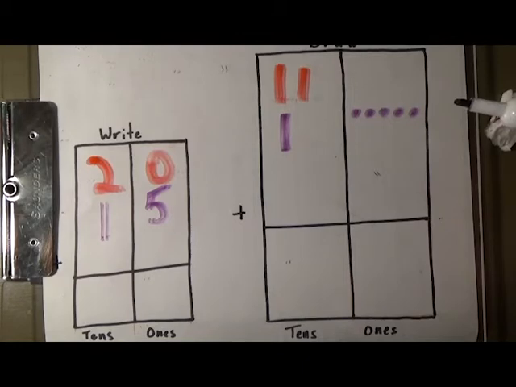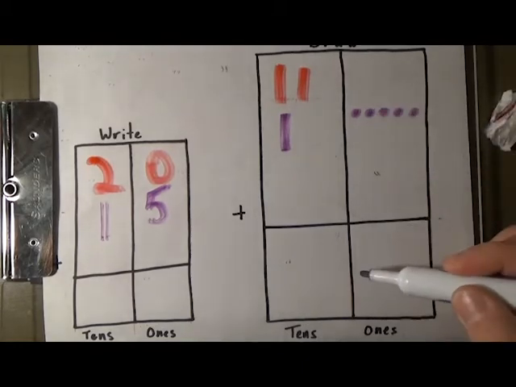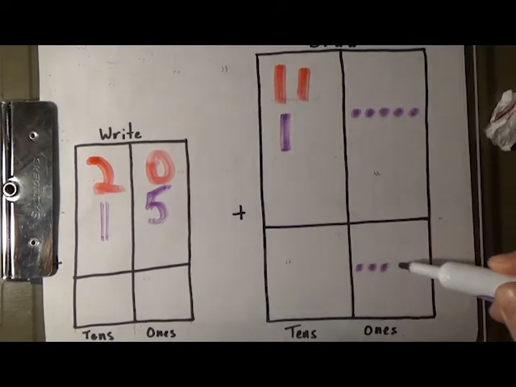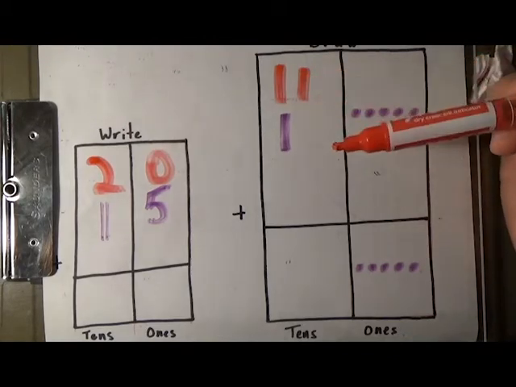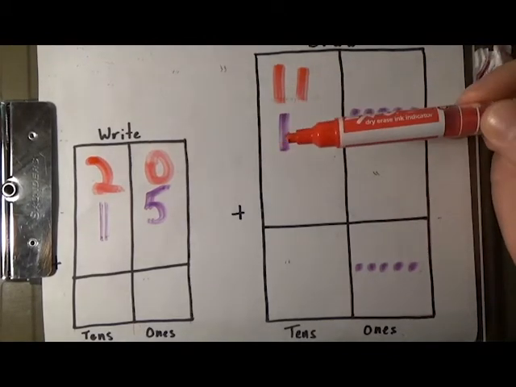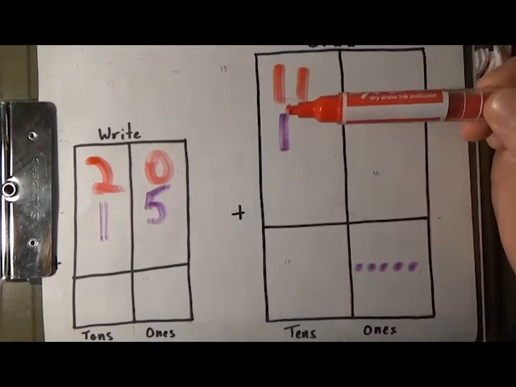So we'll start by adding the ones together. We have 5 ones, and that's it. So 1, 2, 3, 4, and 5. And then over here, looks like we have 2 tens from the 20 and 1 from the 15, which leaves us 1, 2, and 3.